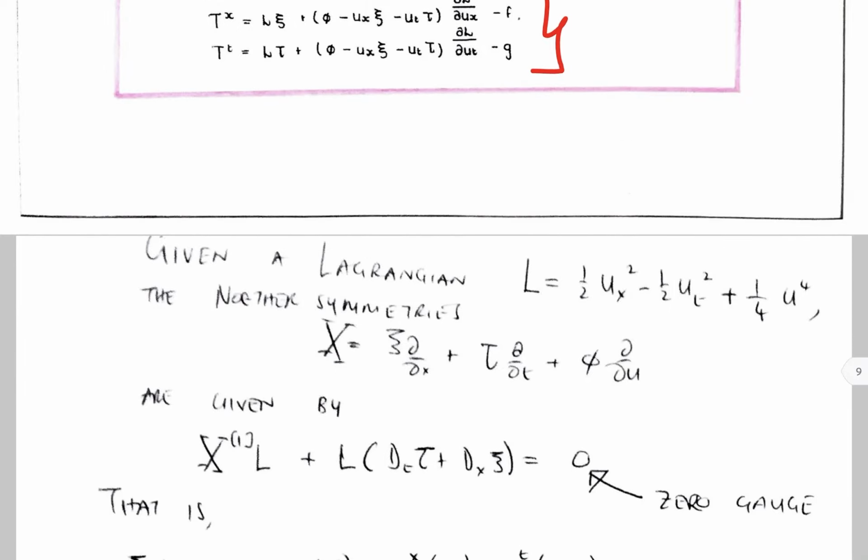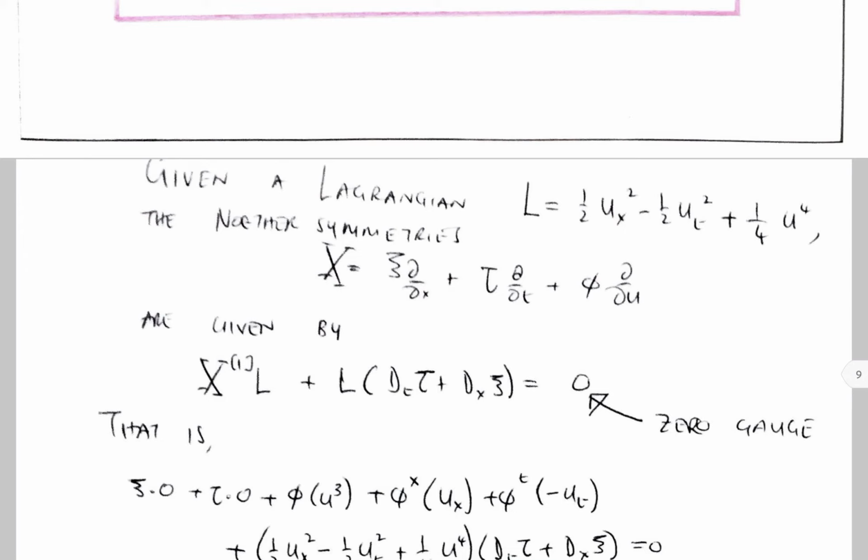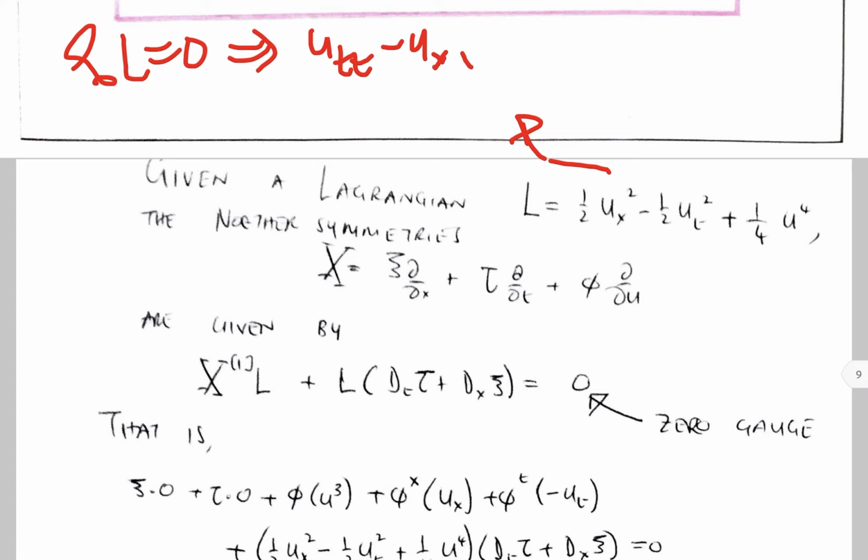And here's an example of a Lagrangian of a Klein-Gordon type equation. So let me just show that if this is a Lagrangian, the corresponding partial differential equation for which this serves as a Lagrangian would be, if you did the Euler operator on L equal to 0, you should get u_tt minus u_xx plus u cubed equal to 0.